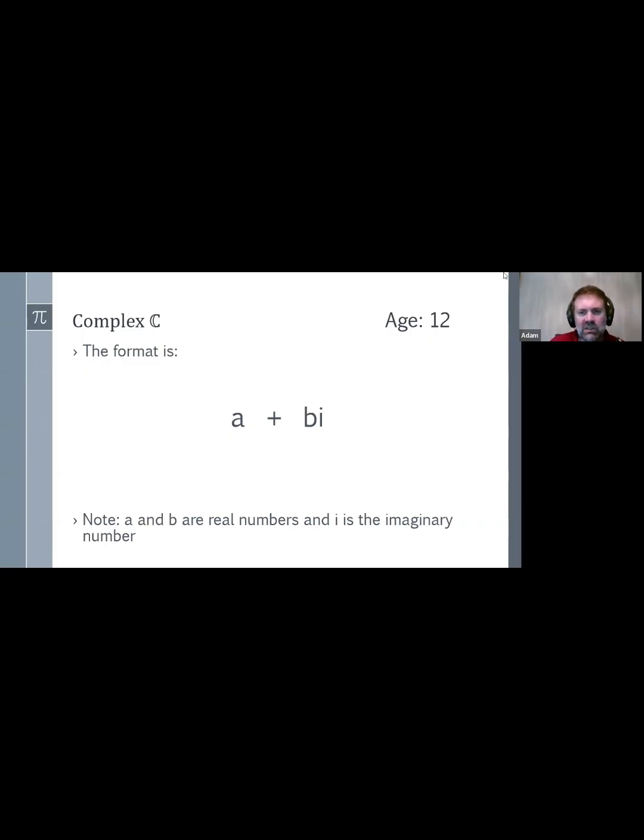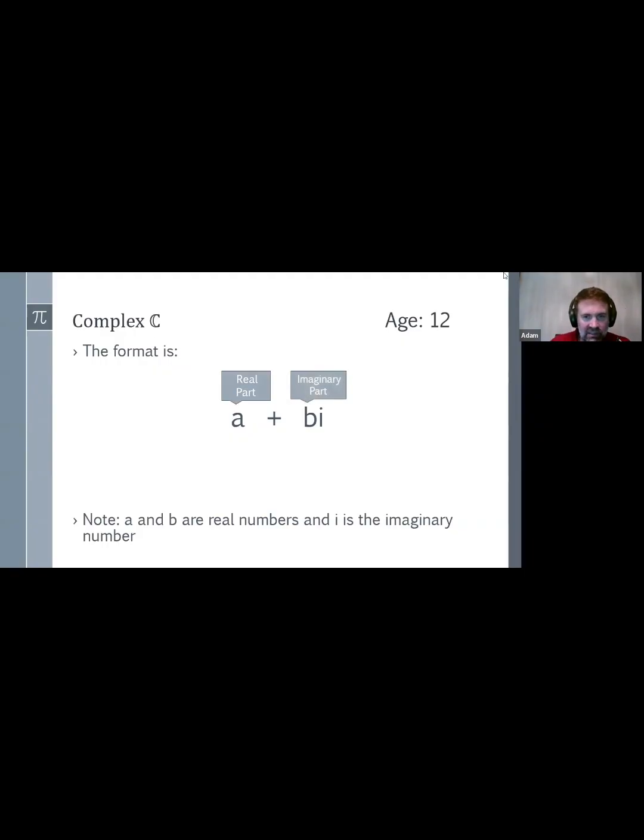And so basically the number format here is a plus bi. Just a note, a is a real number, and also b is a real number, but i is that imaginary number, the square root of -1. And so a by itself is what they call the real part of the complex number.